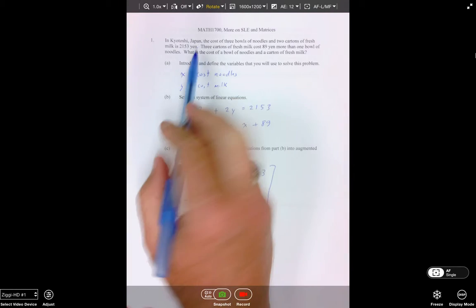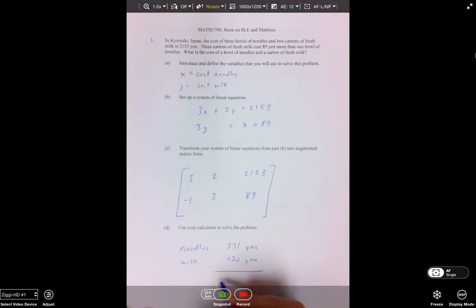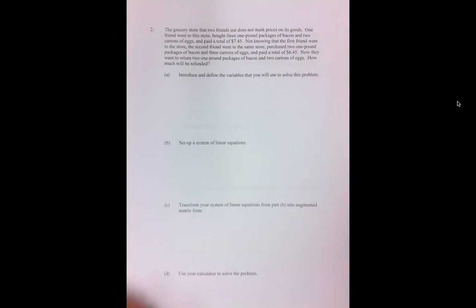So our question up here, what is the cost of a bowl of noodles and a carton of fresh milk? So if we add those, we get 791 yen. Okay? Easy stuff, guys. We need to be getting good at this stuff now.